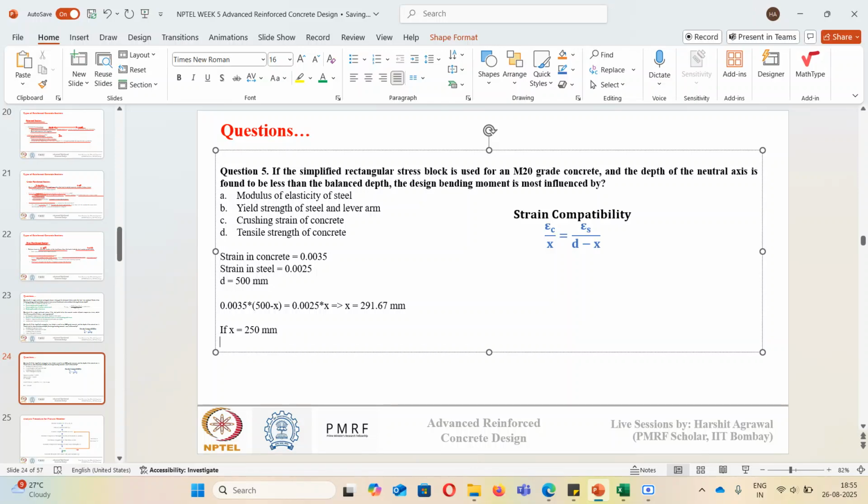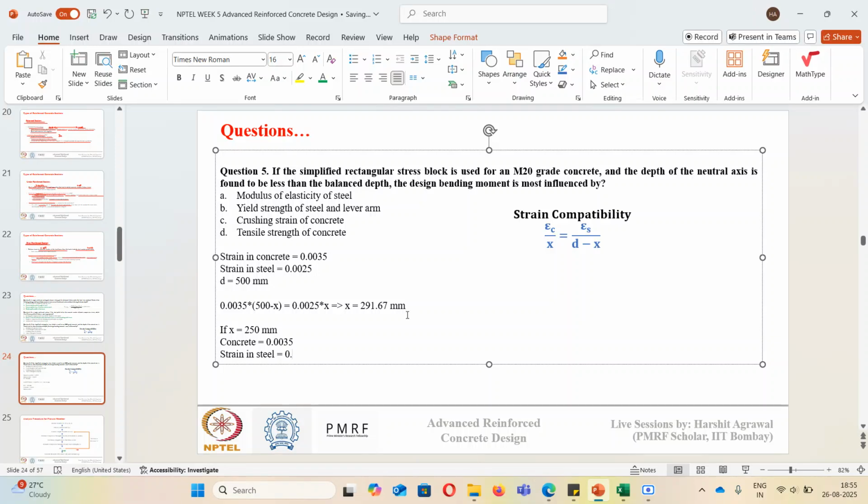Then what will be the strain in steel? And suppose the concrete ultimate strain remains the same. So what is the strain in steel? We can calculate again, from the same compatibility equation.